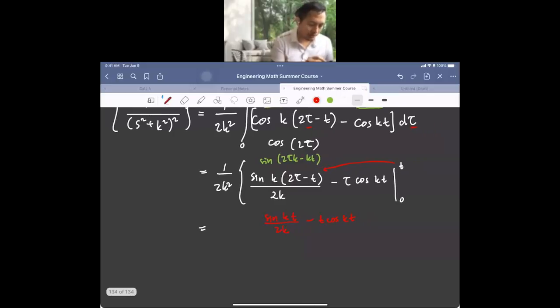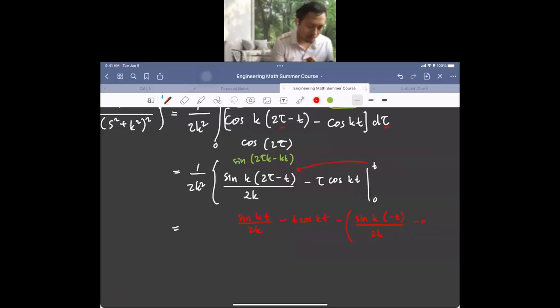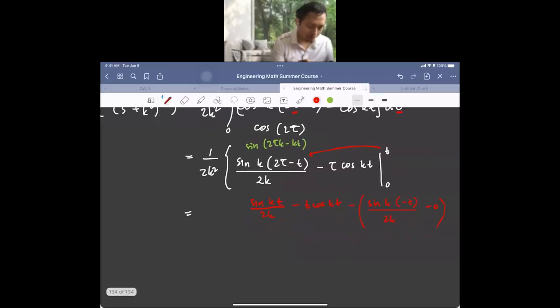And then adding 0 inside, minus sine k minus t, 2k minus 0. It becomes minus positive, right? Positive, positive.